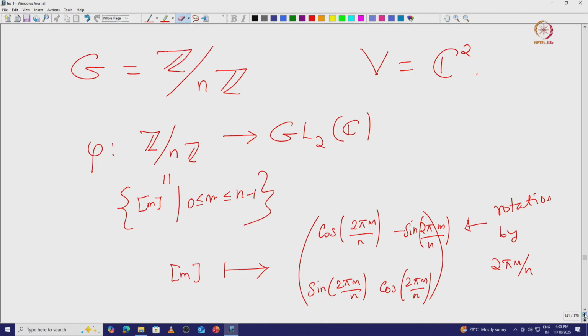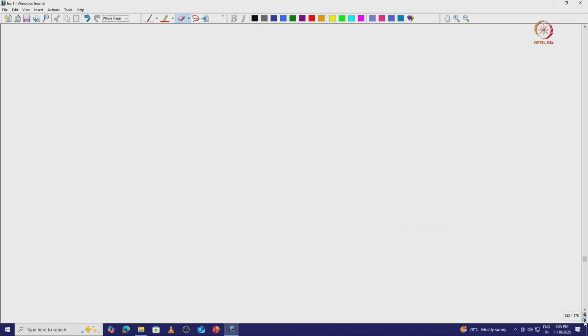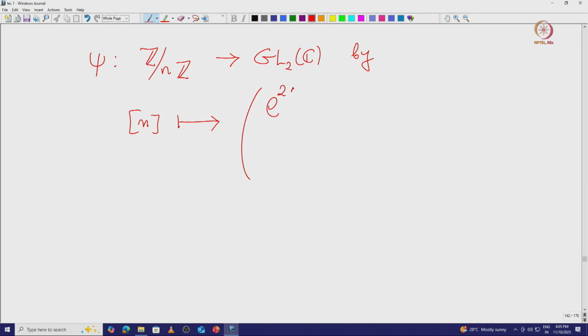Now we can define another representation xi, which is again a map from Z modulo nZ to GL_2(C), given by the class m maps to the diagonal matrix with entries e^(2πmi/n) and e^(-2πmi/n).